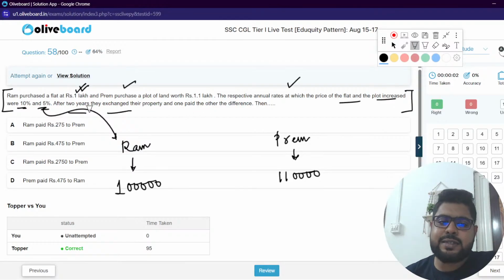In 2 years, Ram's flat with 10% will have a net increment of 21%.